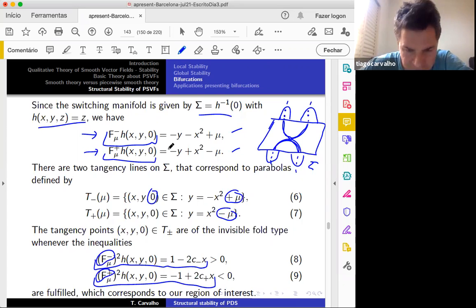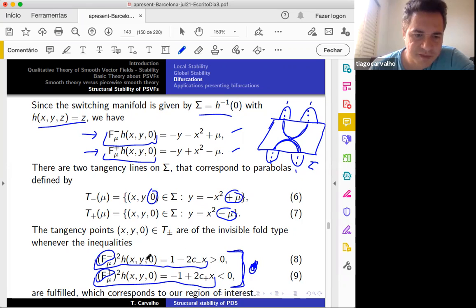This is clear, and we will state the problem just in the region where we have this case. Of course, there are some values of x such that this expression is 0, and after that this expression is negative.